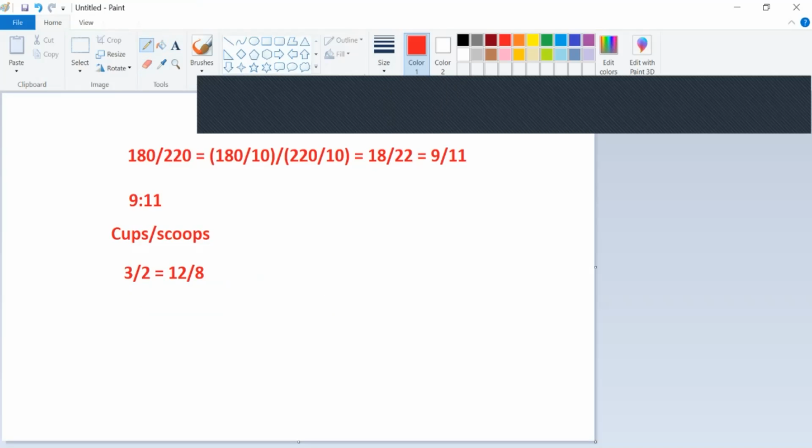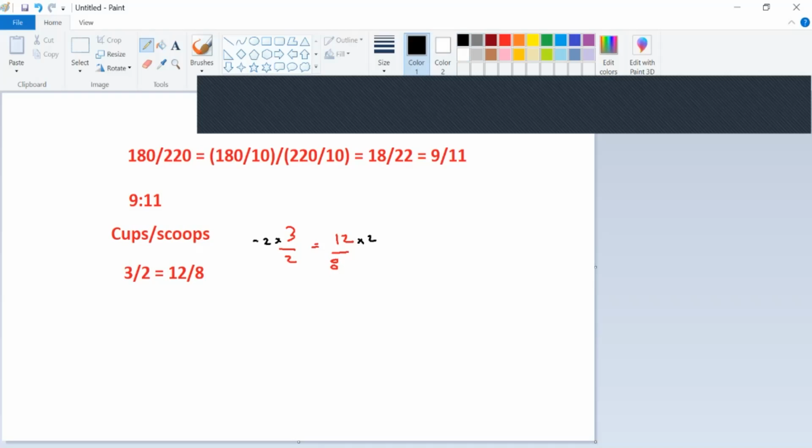So why can we do this? I'll show you why. 3 over 2 equals 12 over 8. If I want to multiply by the 2 over here, it's the same thing as saying 2 times on that side and 2 on that side.